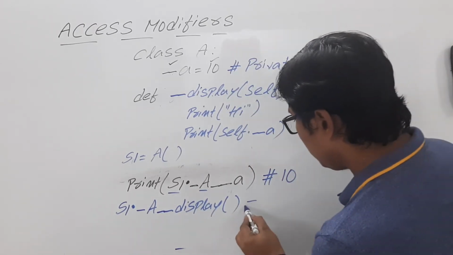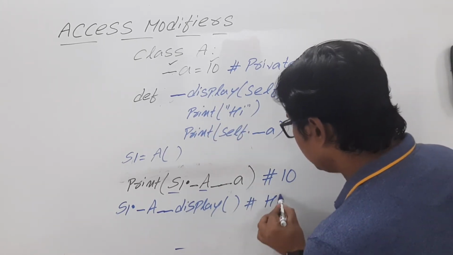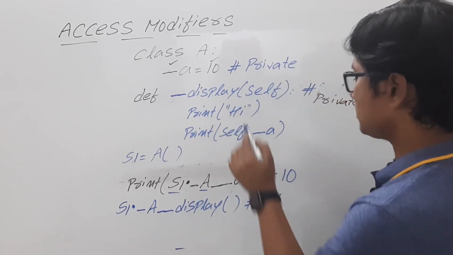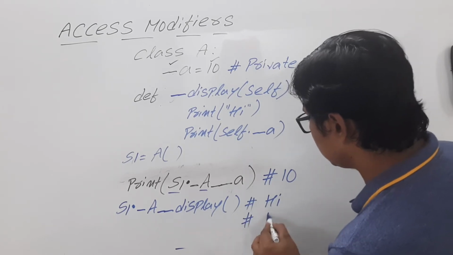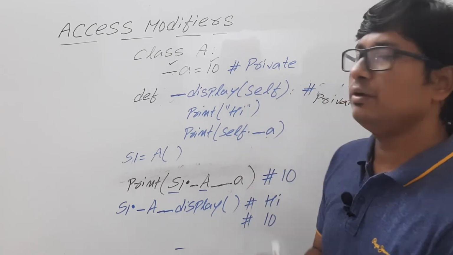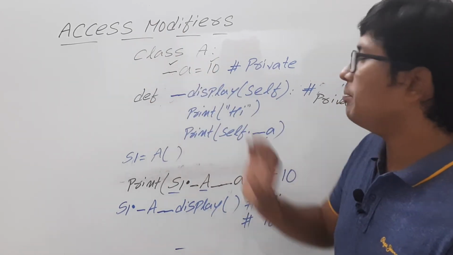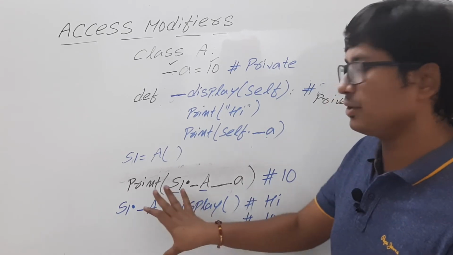Then it will call the private method called display, and it will execute the statements. So the first statement is hi and the next statement is 10, because you are printing the value of a private variable. So this is what private members are. I hope it is clear for you.